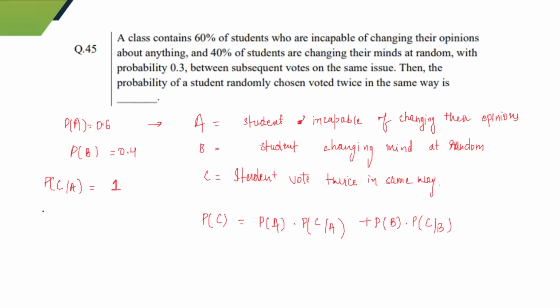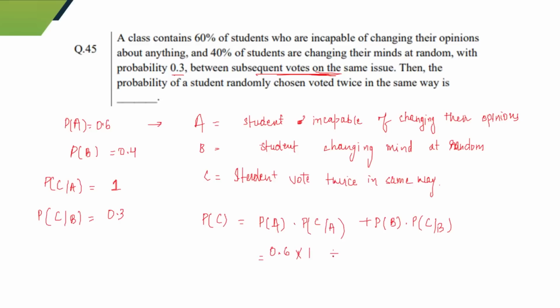And probability of C given B, they have already given this, that with probability 0.3 between subsequent votes on the same issue, right? So 0.3 is the probability that they would vote twice in the same way on the same issue. So I can now find the probability.